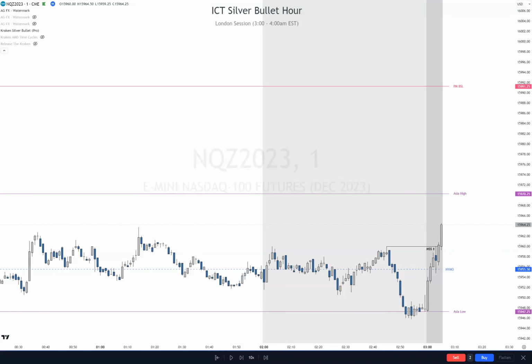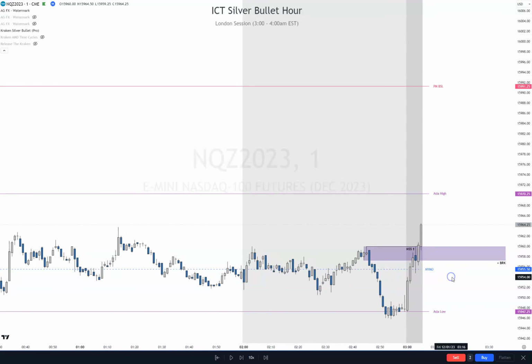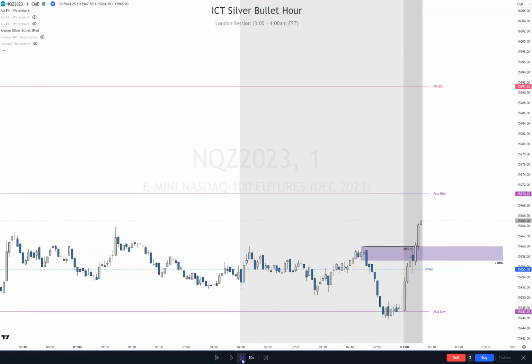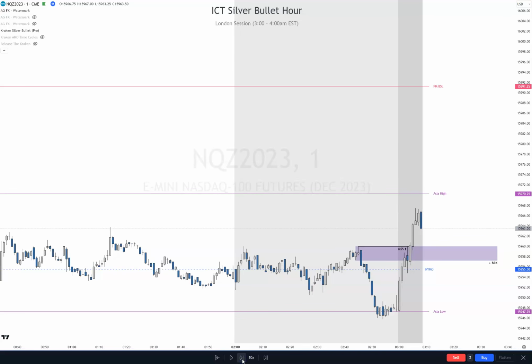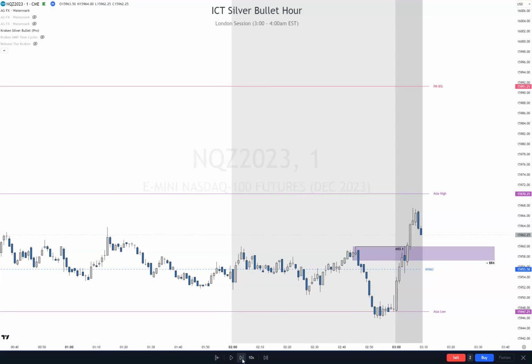Okay, and now we definitely have a breaker block here. It's a breaker block. Okay, so if it comes back down, we're buying. Two contracts, and I'll take one off at the Asia high, and I'll leave one for PM buy side.